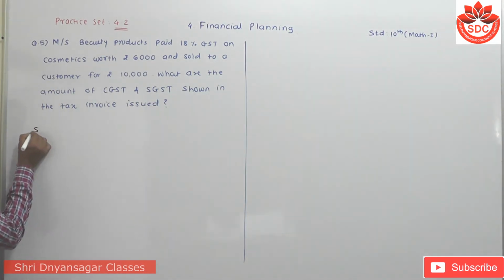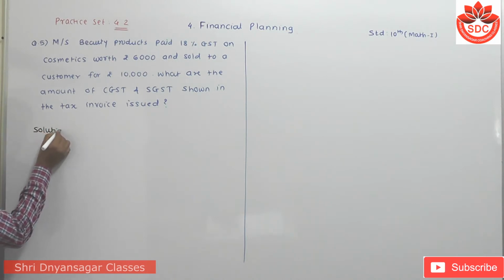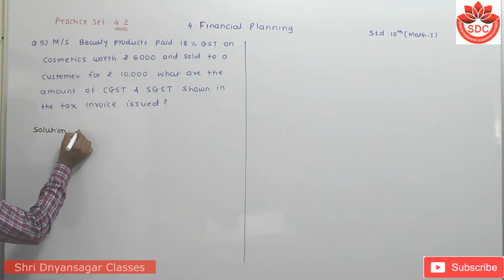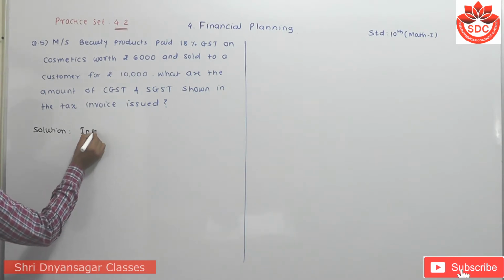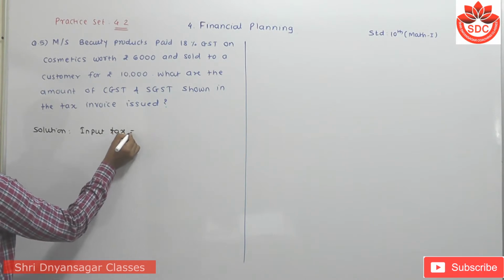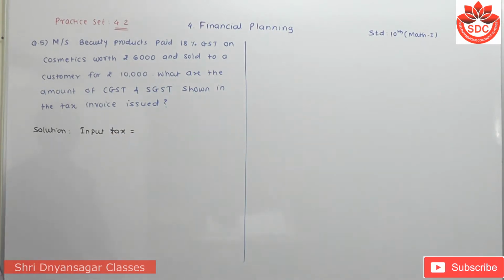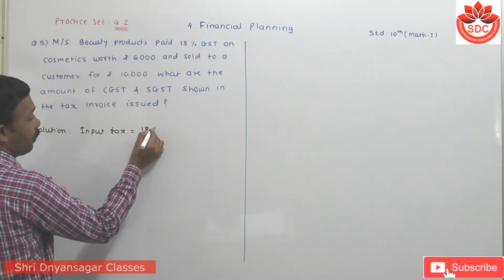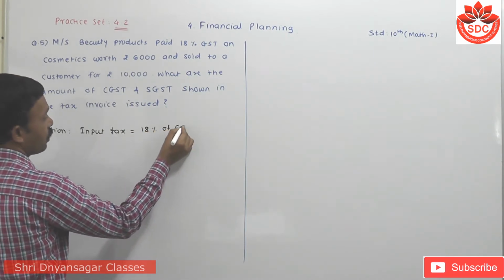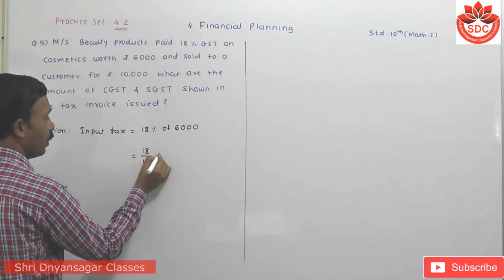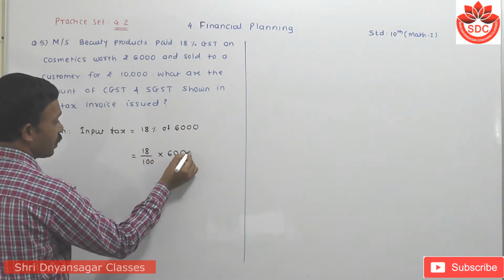Now its solution is so simple. First we have to find the input tax. Input tax is 18% on 6,000, that means 18 upon 100 into 6,000.